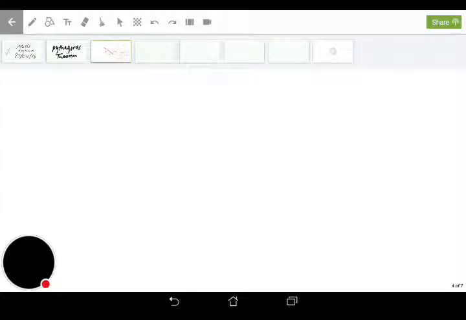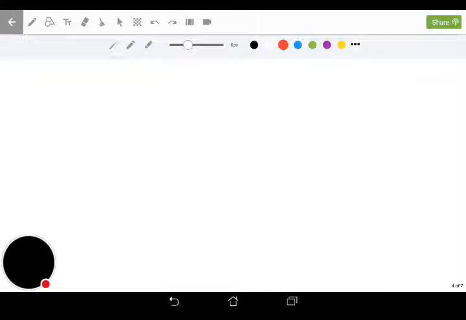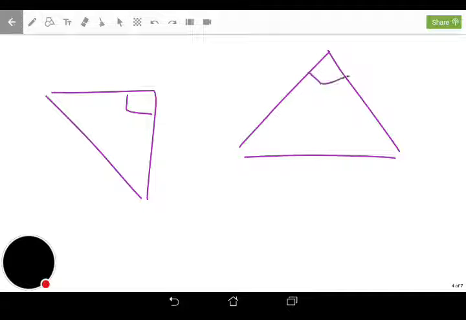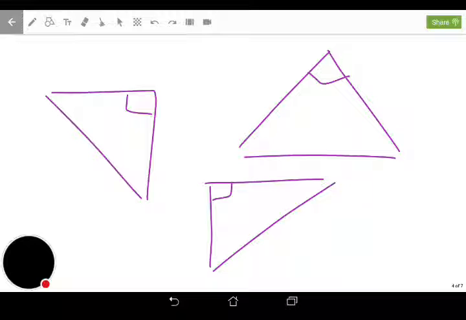Now, I want to look at a few examples to make sure we are very confident with this. Let's draw a couple of triangles and discuss where we think the hypotenuse might be.